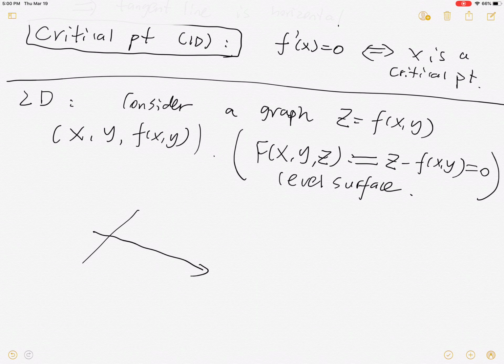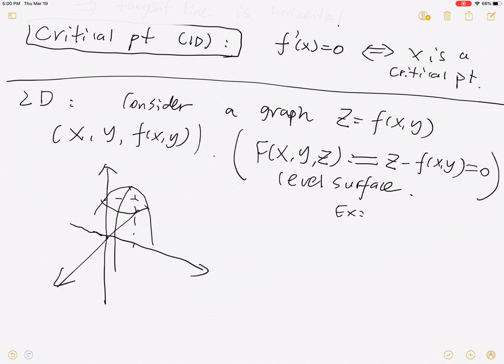If we draw a picture, you might have this one. I didn't tell you what the function is, but you can imagine this to be, for example, z equals negative x squared minus y squared.